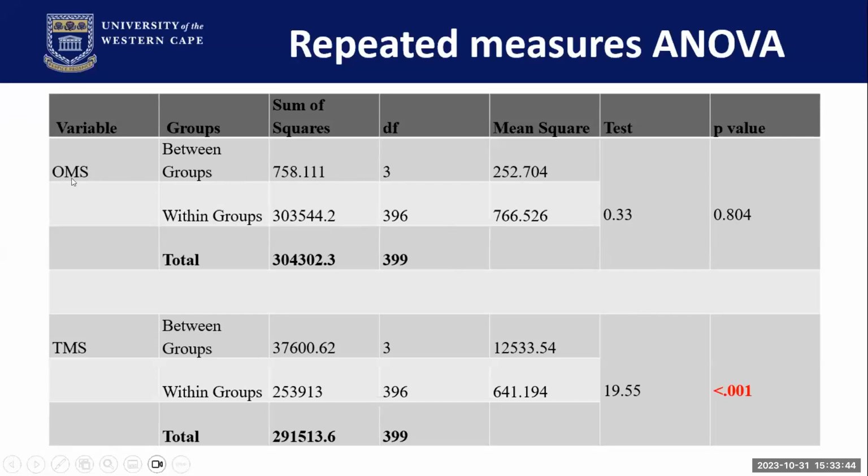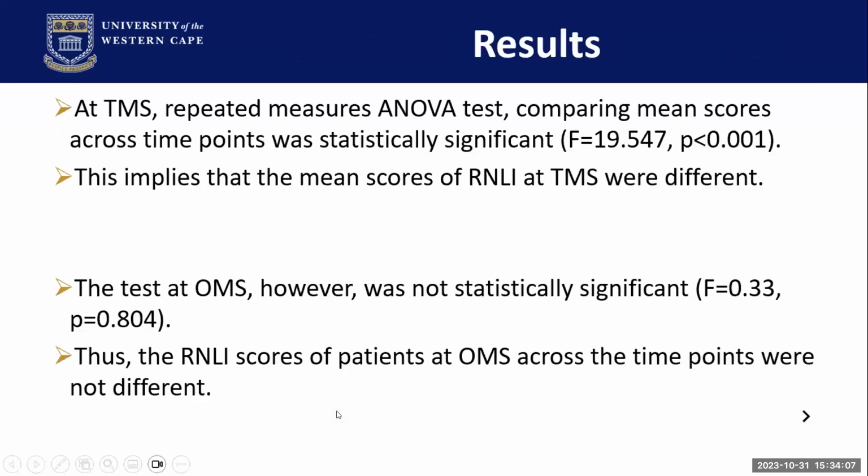Though at the orthodox medicine setting they had a higher improvement and it was increasing progressively from baseline to the 3rd month, it wasn't significant. But the traditional medicine setting produced a significant value. So this means that the mean values across the time periods were significant at the traditional medicine setting.